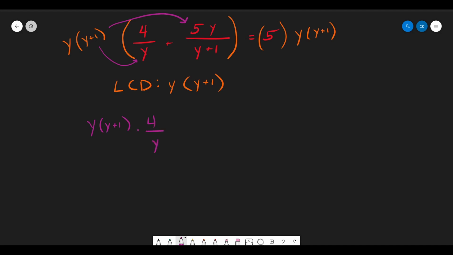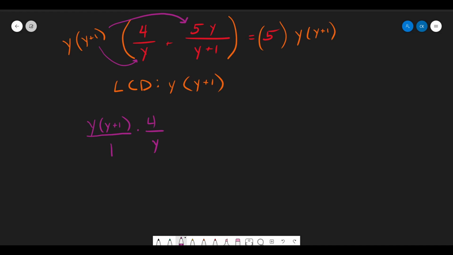Let's see how I can work with this. Hopefully we remember how to multiply fractions. We would take the y times y plus 1, put that over 1, and then multiply straight across.